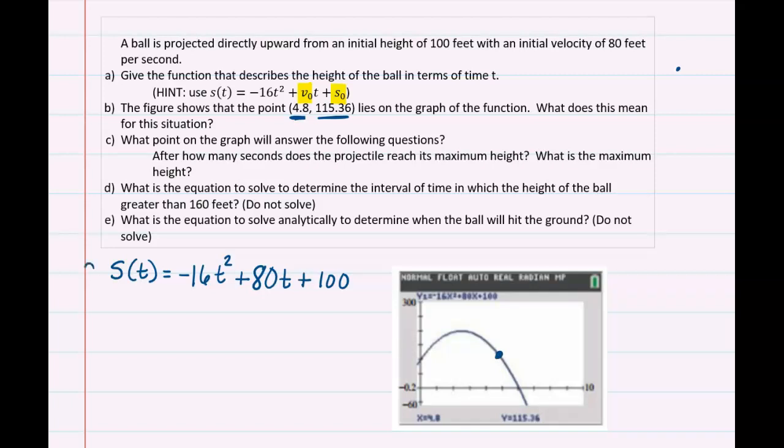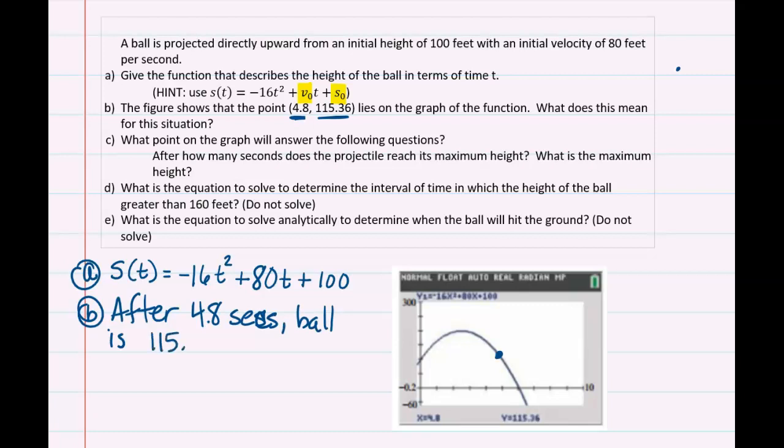So this is part A. For part B, what it means is that after 4.8 seconds, after we threw it up, that the projectile was going directly up, after 4.8 seconds, the ball is 115.36 feet above the ground. That's what it means.